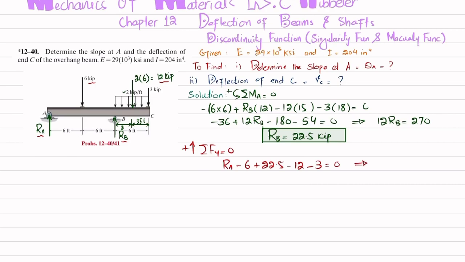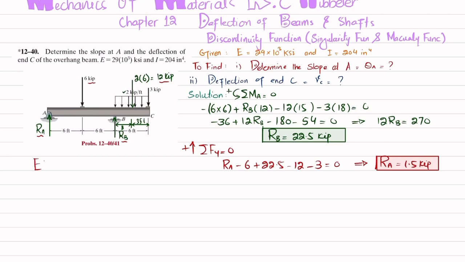From here you will get RA equal to 1.5 kip.